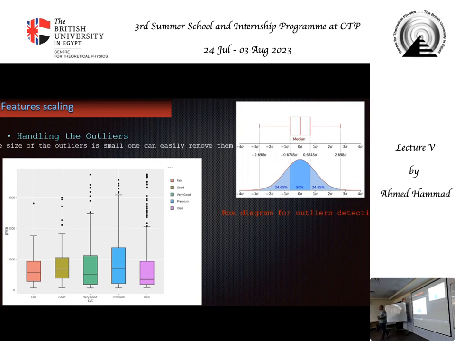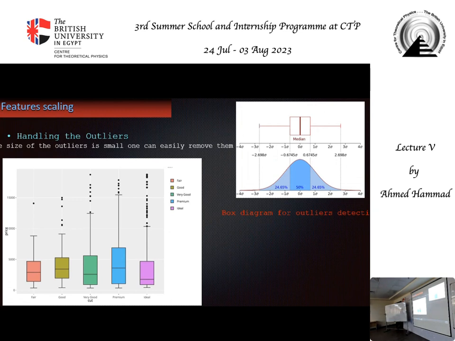The question is, once we detect them, how can we deal with them? What can we do? Do you have any suggestion, Mike? Somehow reduce its weight. That's true, this is one answer. Another? Take random samples?